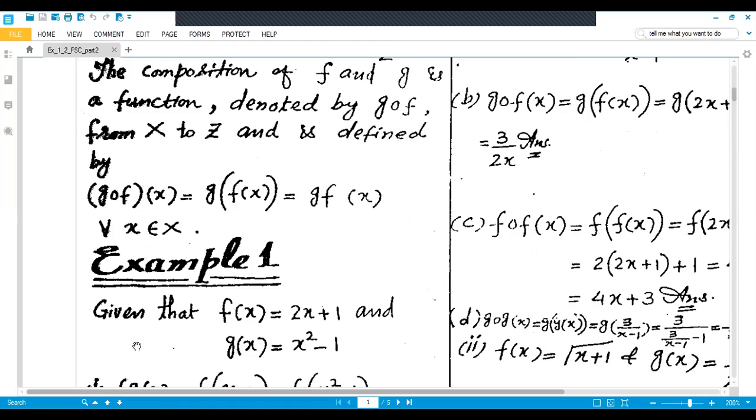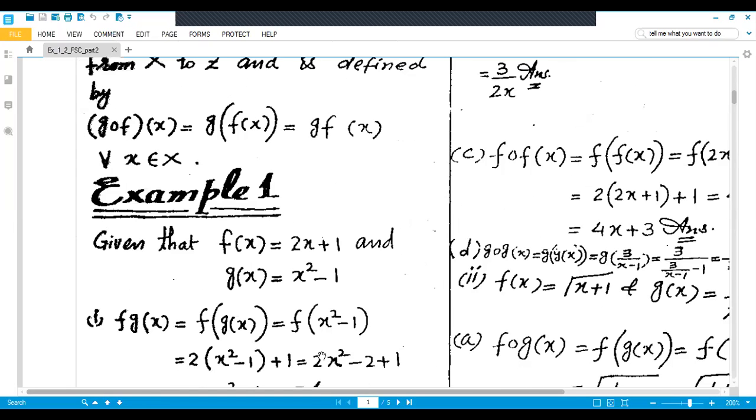If you look at the example, you are given f of x is 2x plus 1 and g of x is x square minus 1. If you want to find f of g of x, it means that in the function f of x, where you find x, you put this g of x value. So f is the function, and inside it, what will you write?